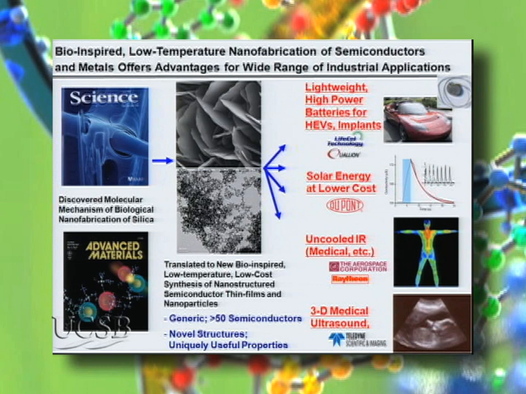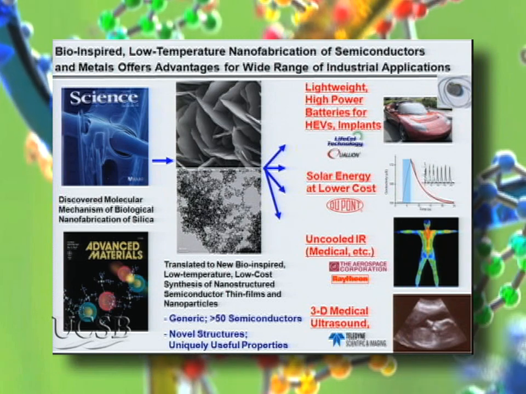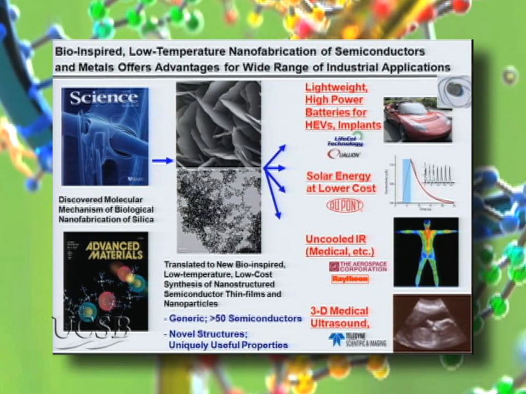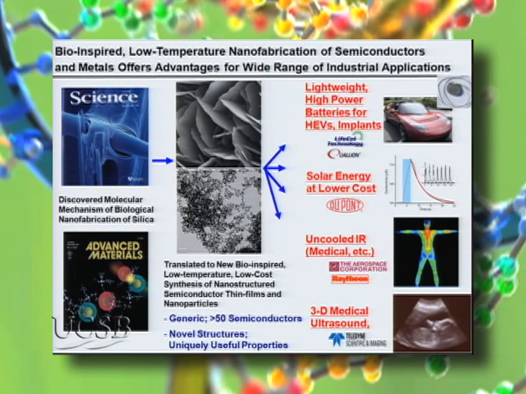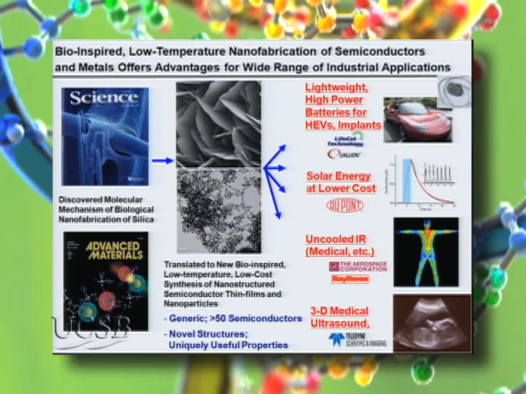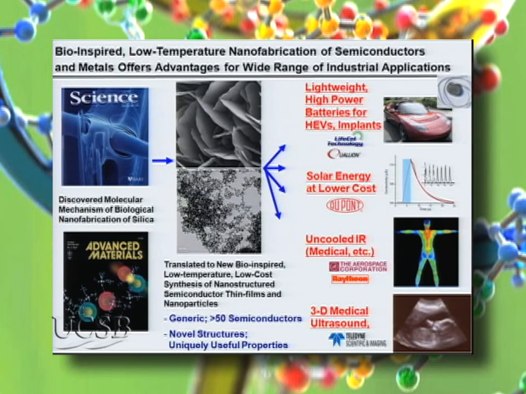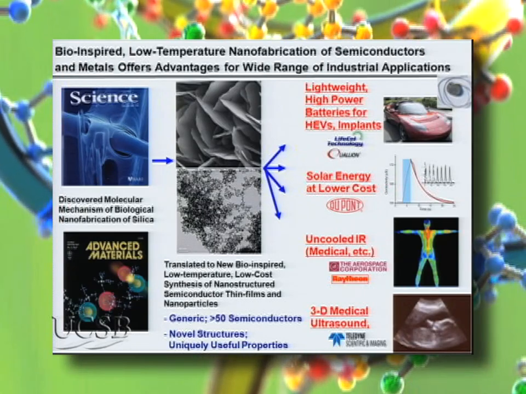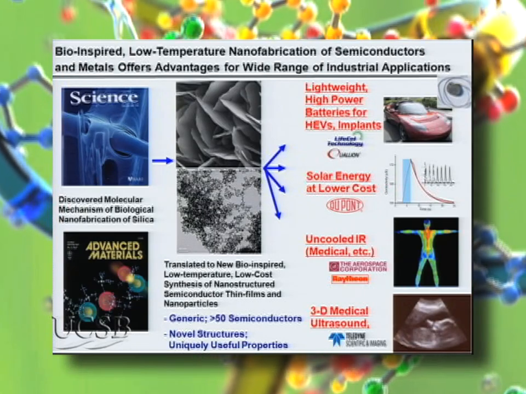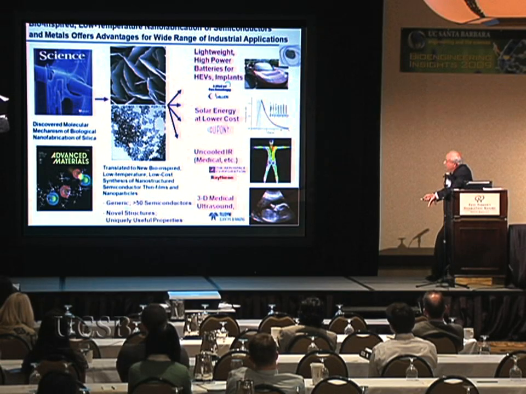As a result, in a nutshell, what we've discovered from the biological mechanism of the nanofabrication of silica in sponges has been translated into a robust, low-cost, low-temperature method for the synthesis of a wide range of nanostructured thin films and nanoparticles. It's a generic method producing many novel structures with novel activities.